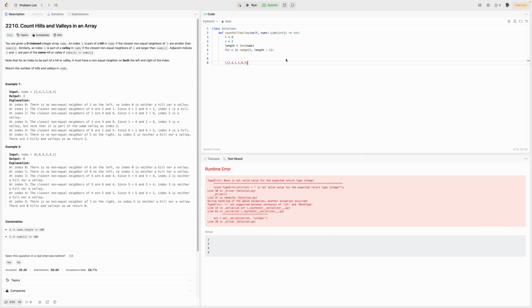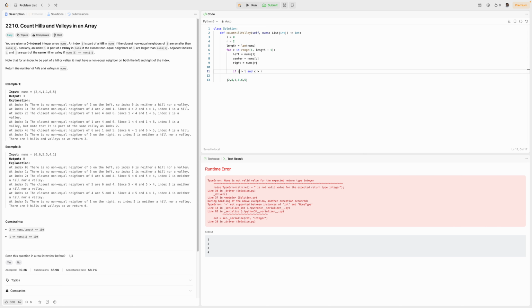there's probably a much easier way of doing this. I'm using three pointers. So C is going to be in the middle for sure. The first time we check to see if C is more than L and C is more than R, how about we do left equal to nums at L, center, and this is right.